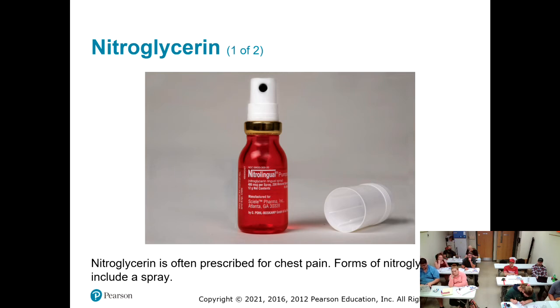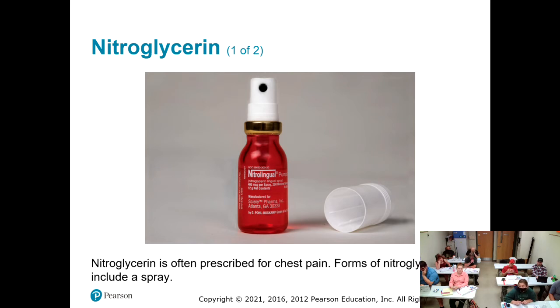You really need to monitor their blood pressure. If somebody's got a low blood pressure to begin with, I'm not giving them nitro because their blood pressure will tank from the nitro, and a nitro-induced blood pressure bottoming out is really hard to bring back up. It's not easy. So before we're giving nitro, make sure you get a good set of vitals. Make sure you're giving it for the right reasons. Okay?